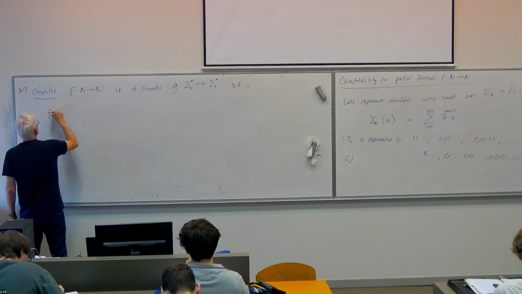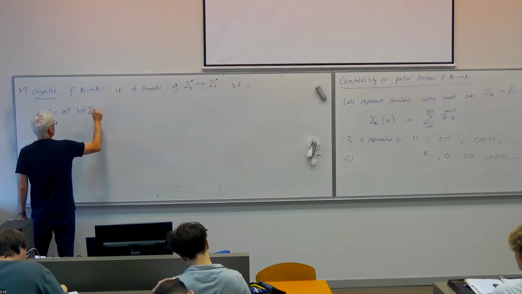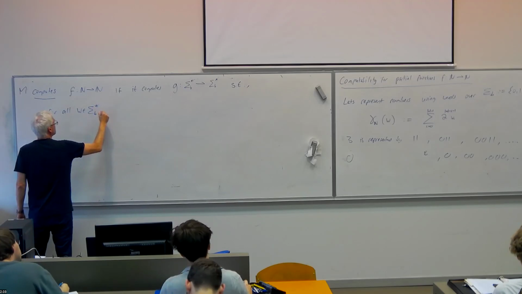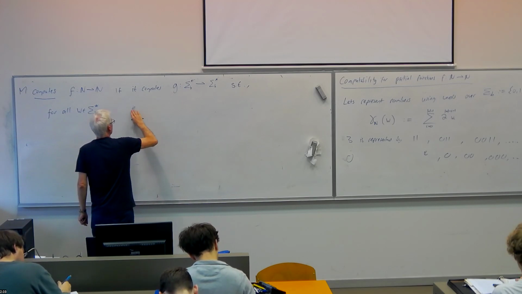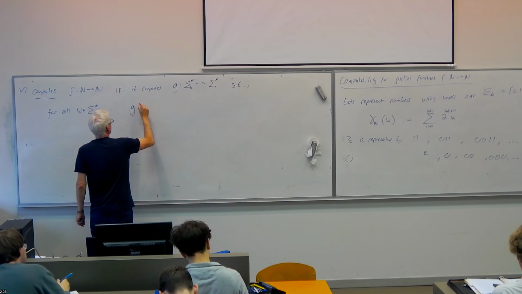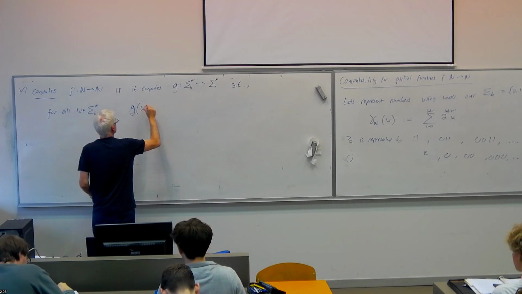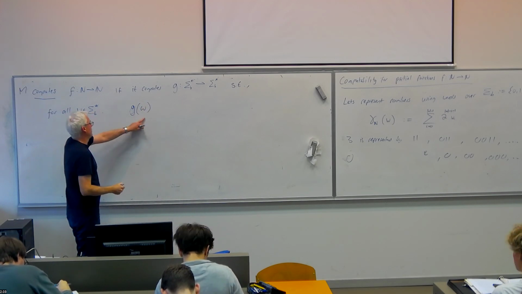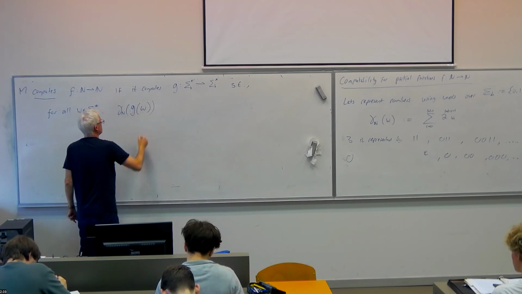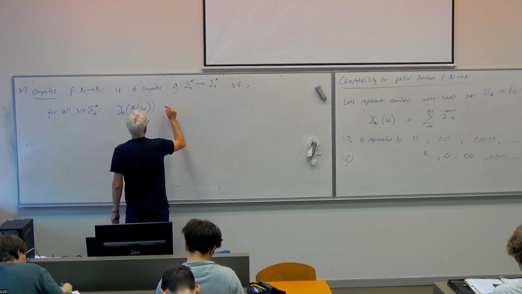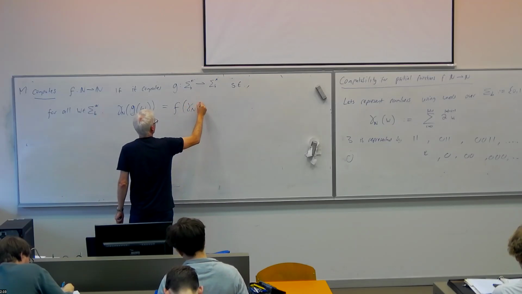for all W, so for all bit strings, if we look at what g does on the word W, and we look at the number that that represents, so that's gamma n of that, then this should be equal to f applied to gamma n of w.